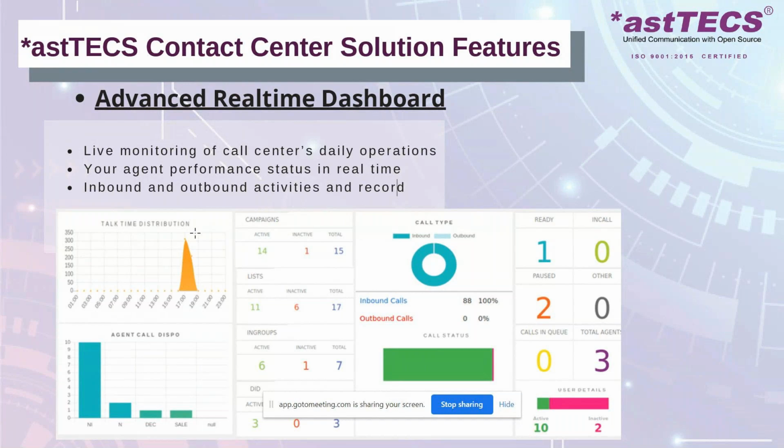All the details, the call types, what percentage of inbound calls we have received, what outbound trunks we have used. Your agents in ready mode, pause mode, on break, everything you get on your dashboard in real-time monitoring.